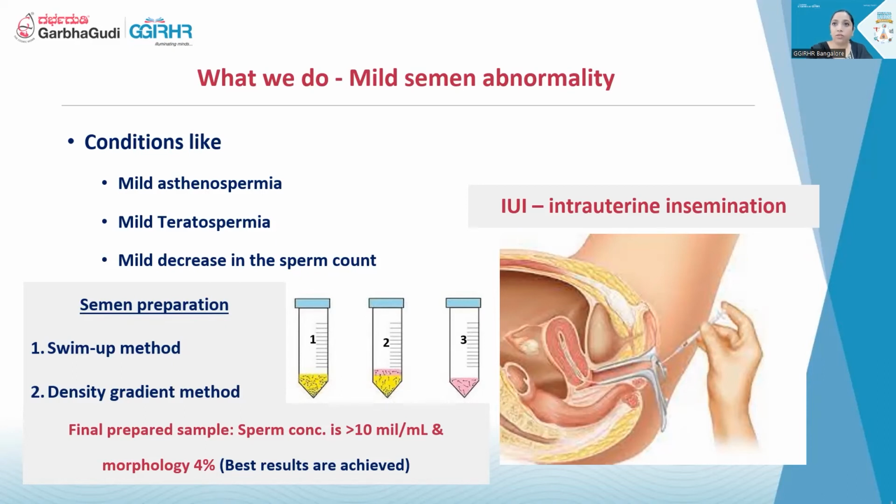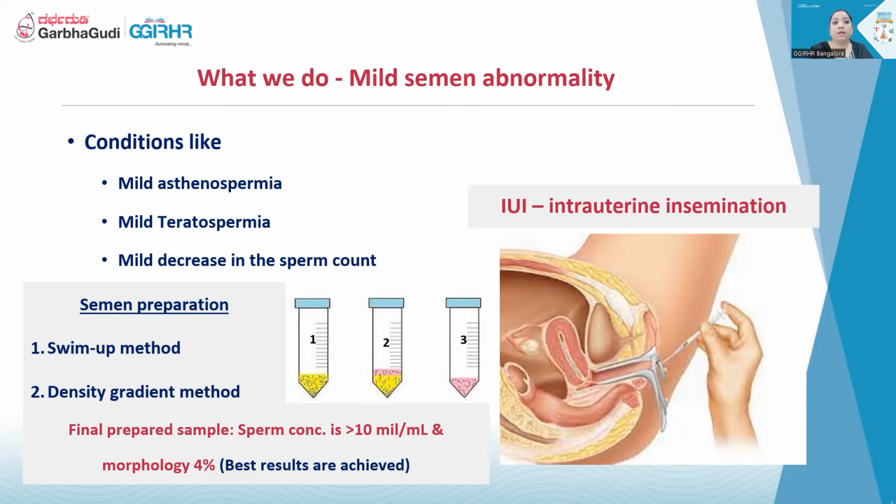So at the end of the procedure, whether IUI or IVF or ICSI, the washing procedure ultimately helps improve the quality, and the conditions seen in the semen analysis report will help the andrologist or the embryologist process accordingly. So this is how you can take help of the report and do the maximum benefit for the couple.